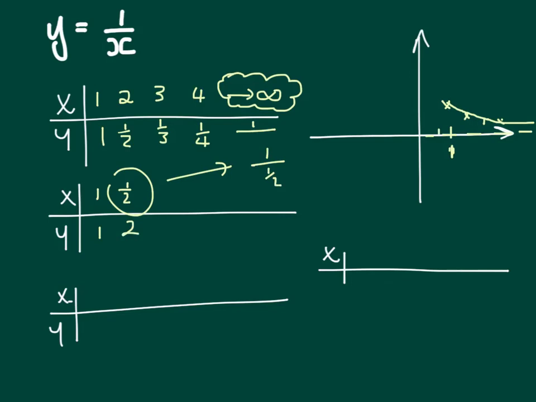So at a half on our graph, our y value, the height of our graph, is 2. What's happening at, say, a quarter, so halfway between a half and 0 now? Well, our answer is going to be 4.